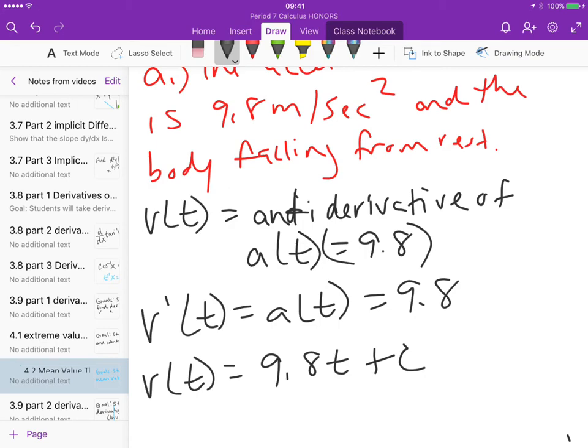Now we have to think to ourselves, what's happening to make this a completely true statement? When is t going to be 0 in this case? Well, t is 0 when it's at rest, and then the velocity is going to be 0 when c is 0 as well. So if t is 0, v of 0 in this particular case becomes 9.8 times 0 plus c.